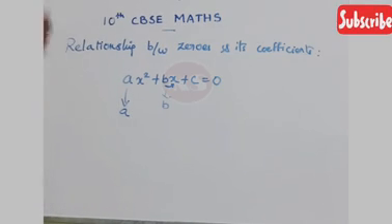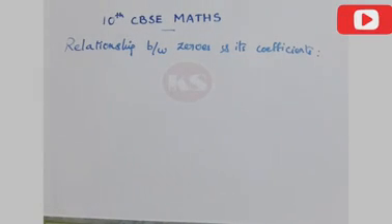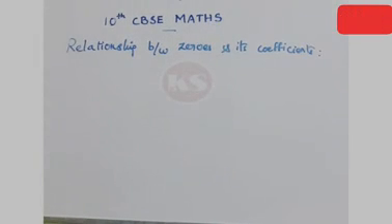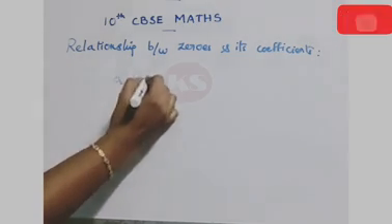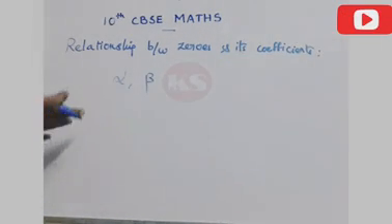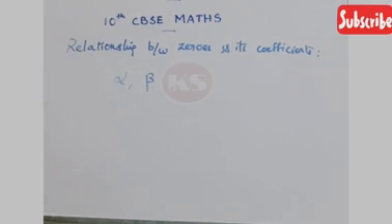So what is the relationship between the zeros and the coefficients? We are going to discuss only that. We will represent the zeros as alpha, beta. We are going to define alpha, beta for the zeros of the polynomial.